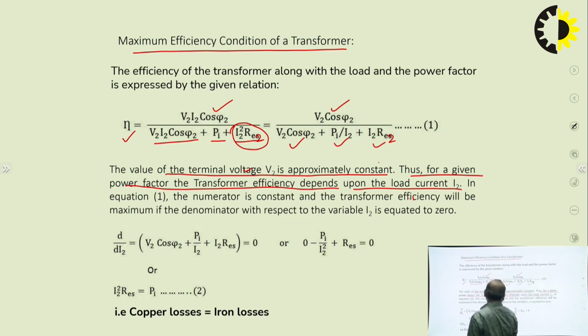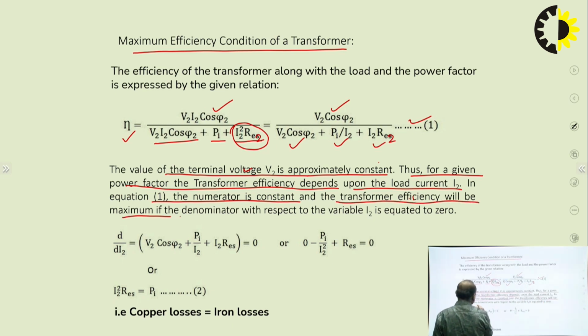In equation number 1, the numerator is constant since V2 is almost constant and cos phi 2, the given power factor, is also constant. But the denominator is not constant since current I2 is there in the denominator.